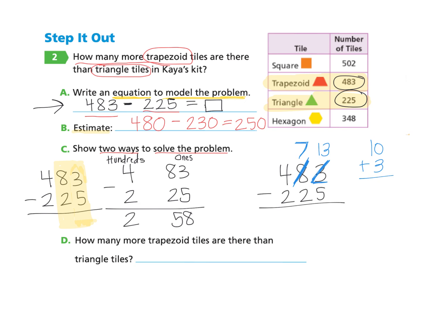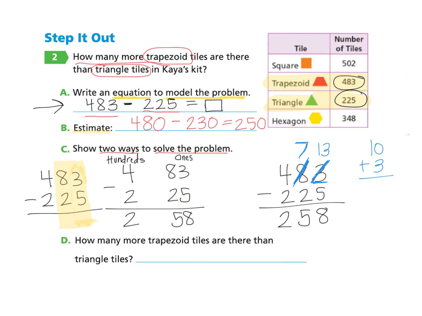And I will start on the ones column and say 13 take away 5 will equal 8. And then I will go to the tens column and 7 take away 2 equals 5. And finally the hundreds column, 4 take away 2 is 2.